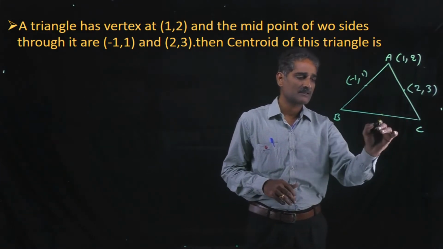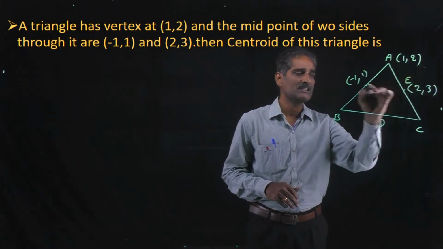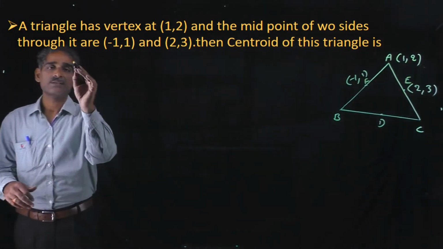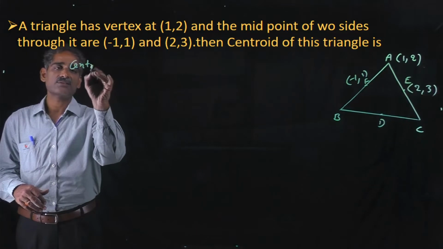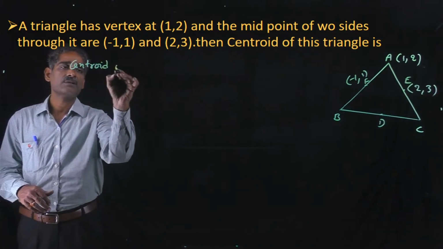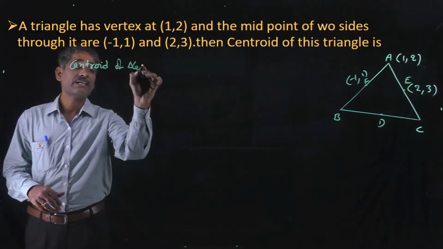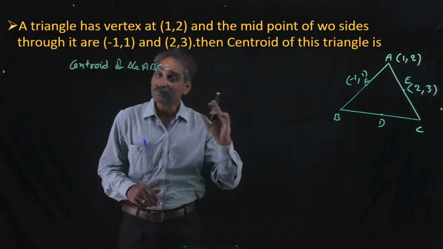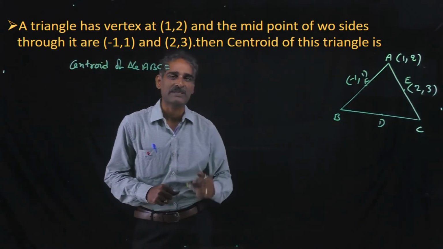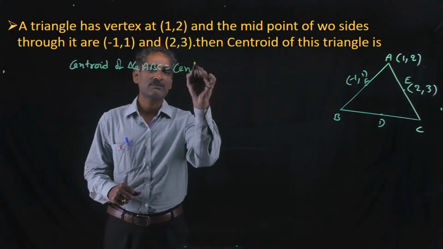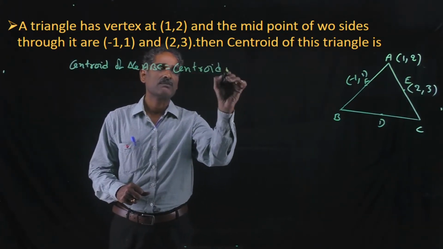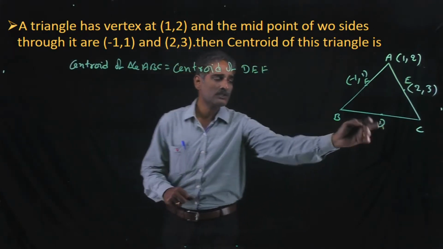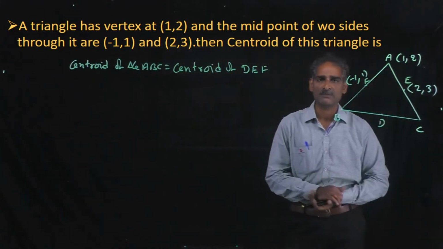Let us take these as D, E, F. So the centroid of triangle ABC is equal to the centroid of the triangle formed by the midpoints of the sides, the centroid of DEF.